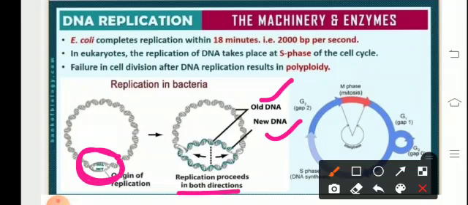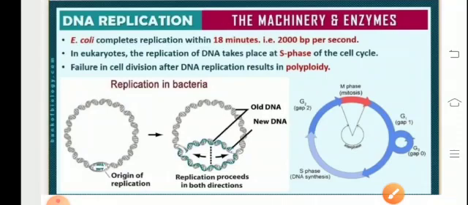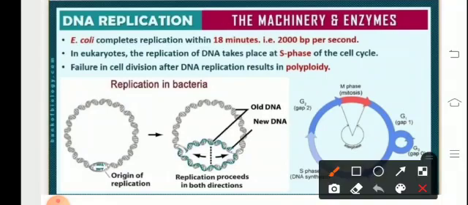In this module, we carried out a detailed discussion on the replication process, talking about the DNA polymerases. In prokaryotes, they are 1, 2, and 3. 1 and 2 are involved in DNA repair, whereas 3 is involved in DNA replication. In eukaryotes, the polymerases include alpha, beta, gamma, delta, and epsilon.